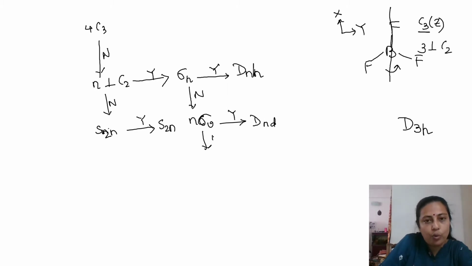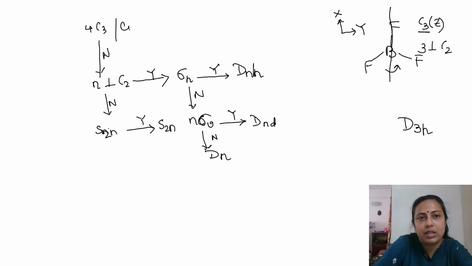If no, then the molecule would be Dn. So whenever you have not only C3, you can have any rotational axis Cn. So I can write it as Cn. If you have a Cn and you have n perpendicular C2, then automatically the point group becomes a D.